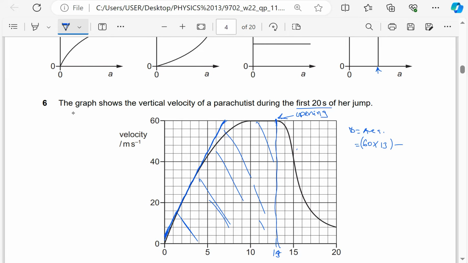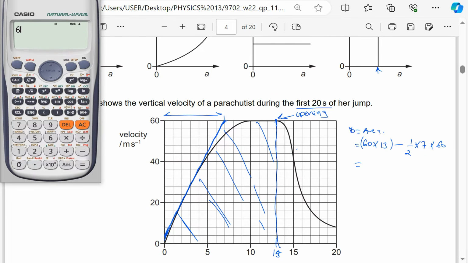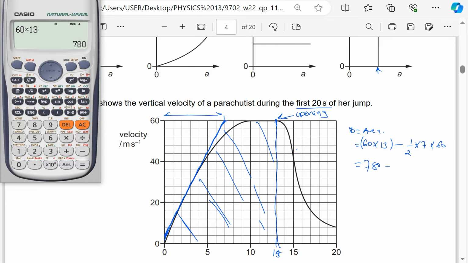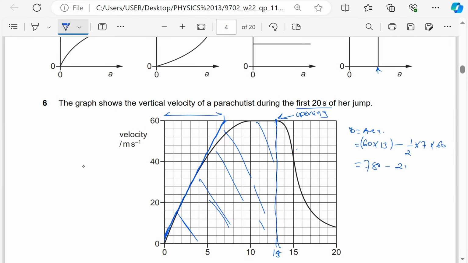So minus a half times the base, which is this one here, I think that is 7, and the height is 60. I can approximate the height as 60. So this is going to be 60 times 13, that is 780 approximately, minus, I'll just say 30 times 7, which is 210.